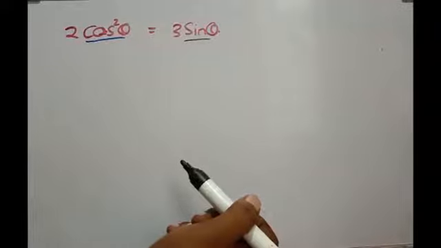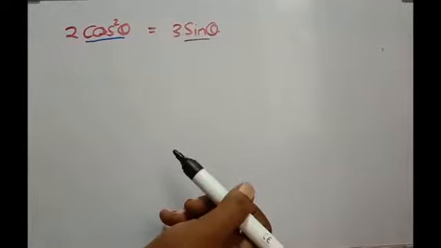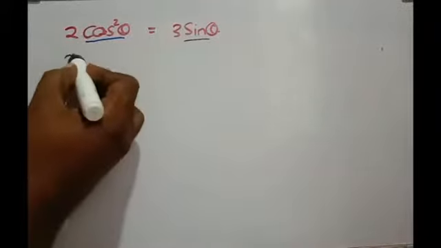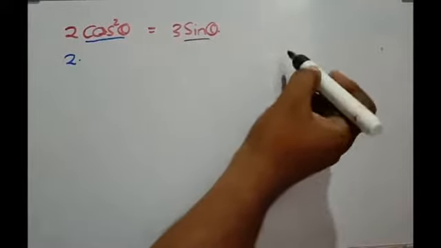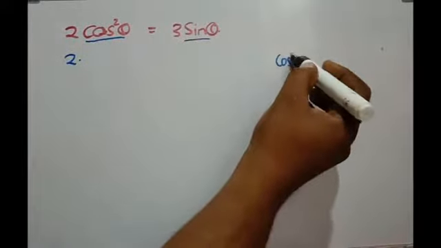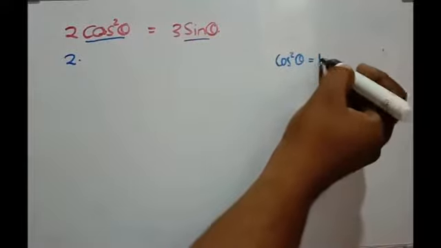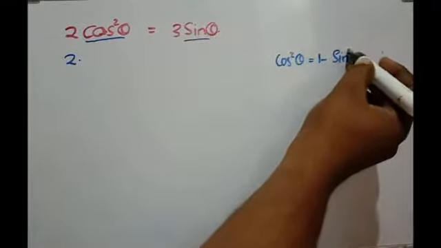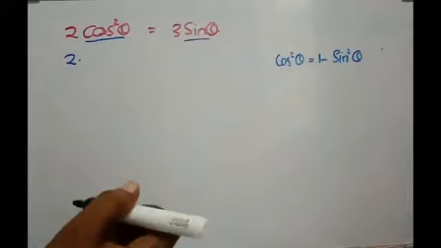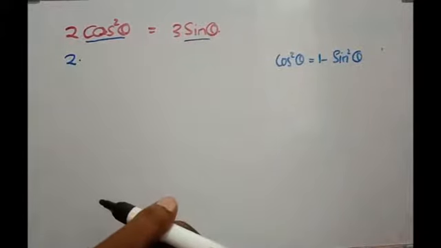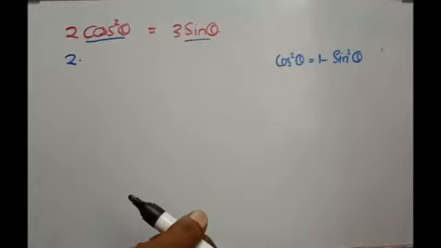And here it is easy to convert it into sine theta, because you know cos squared theta is 1 minus sine squared theta, by using the identity sine squared theta plus cos squared theta is equal to 1.